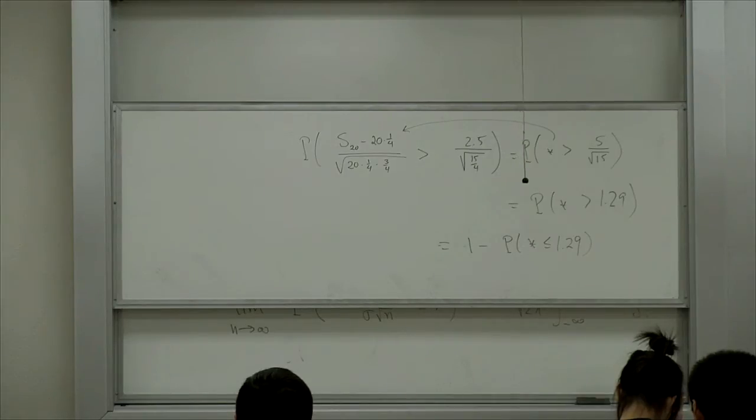And we want 1.29. I look down the left column for 1.2 and then way over until I get to the column under 0.09. And this probably is 0.9015.